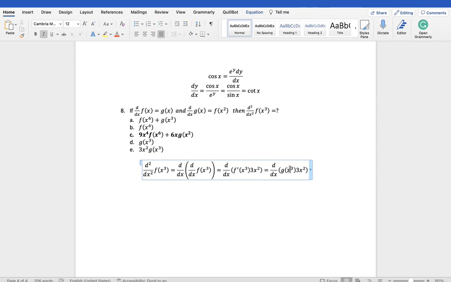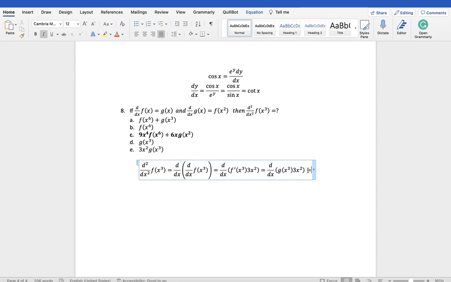So now, after the substitution, you have the product of two functions: g of x cubed multiplied by 3x squared, and you're trying to find the derivative of that. So now you can use the product rule.